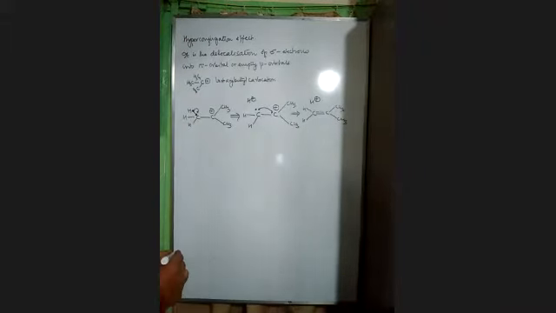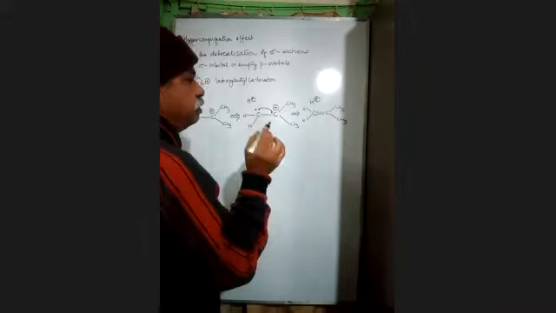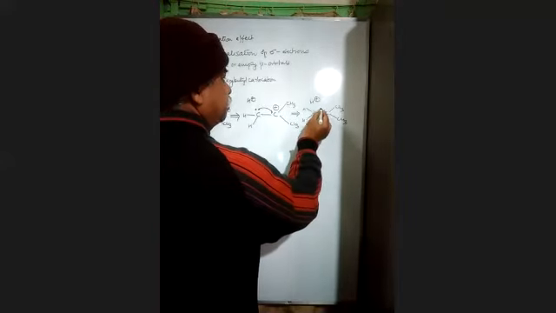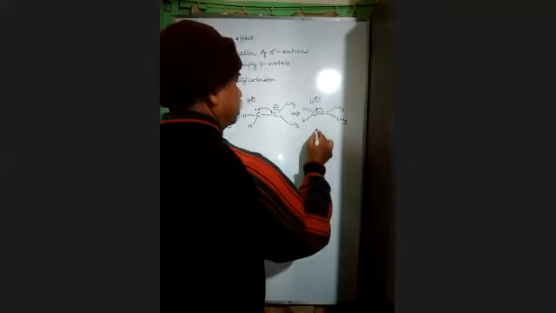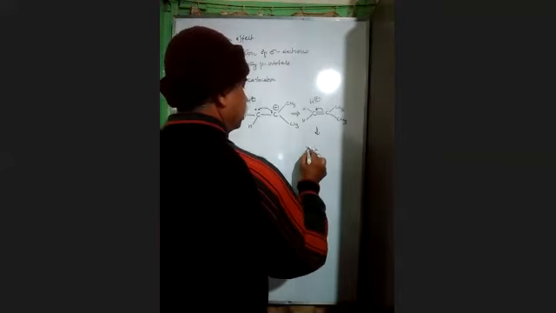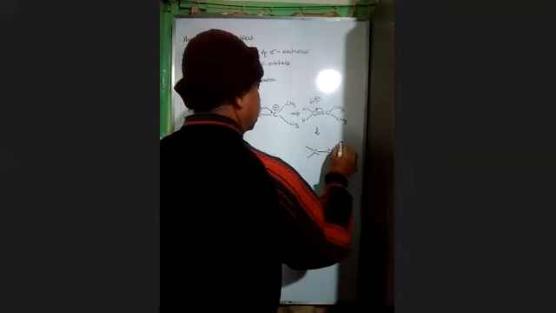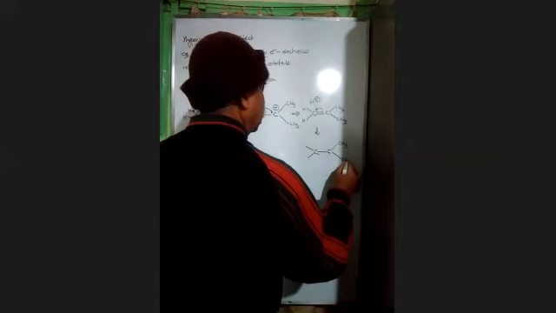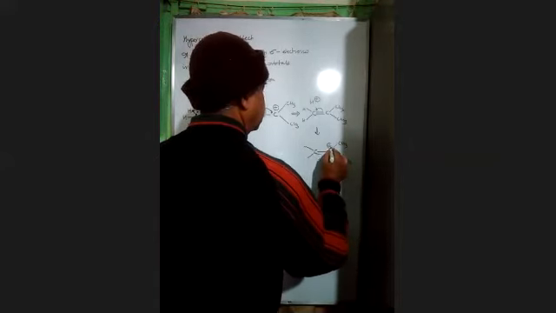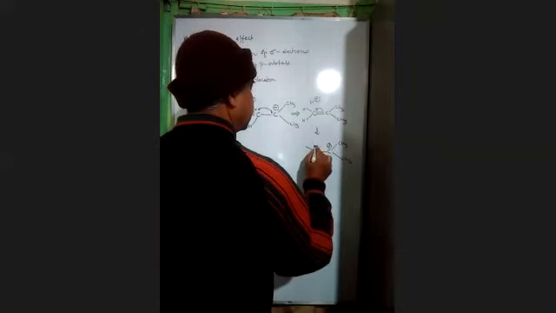All right. Now what will happen again? This hydrogen has not gone anywhere. Then after that it again breaks. What will happen now here? See, again the electron has come back.